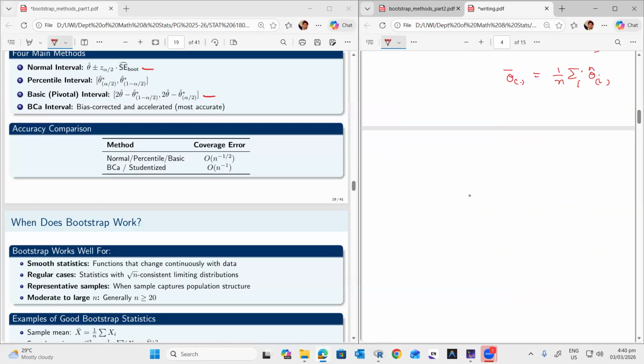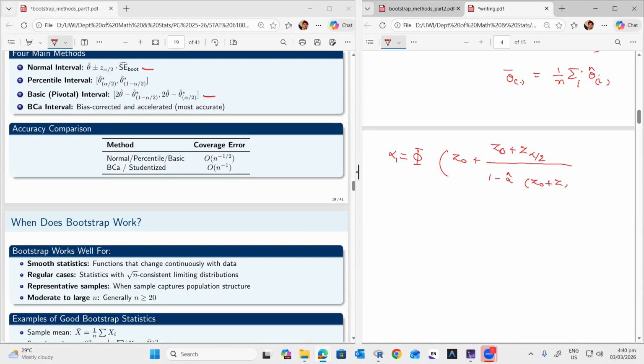Alpha 1 is calculated as the CDF of Z naught plus (Z naught plus Z alpha by 2) divided by 1 minus A cap times (Z naught plus Z alpha by 2).